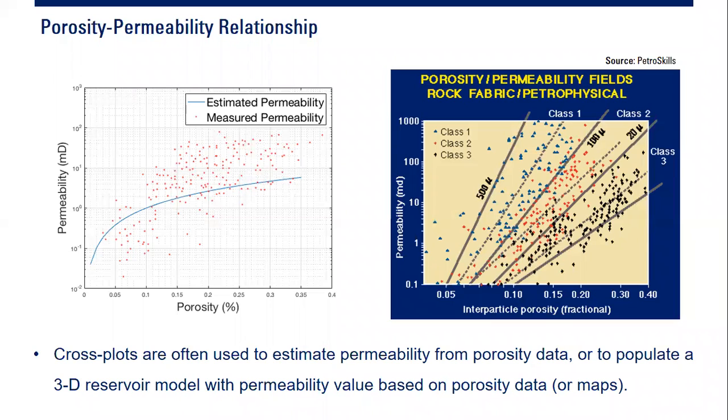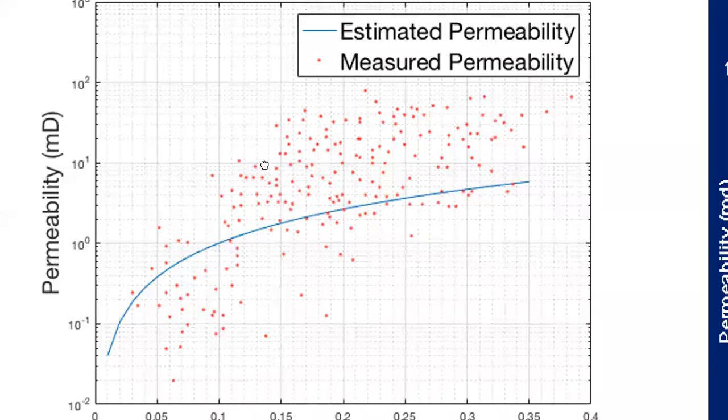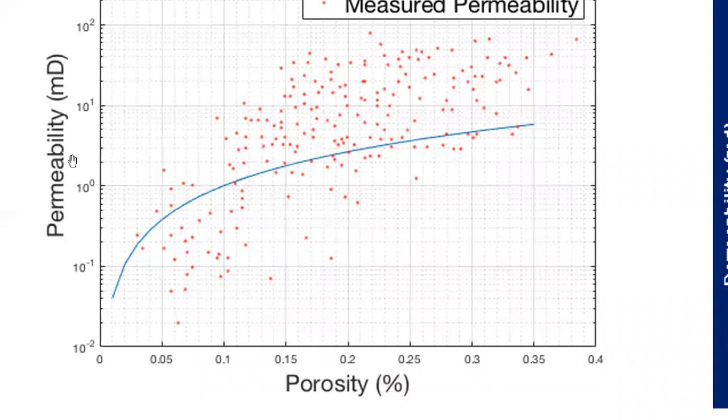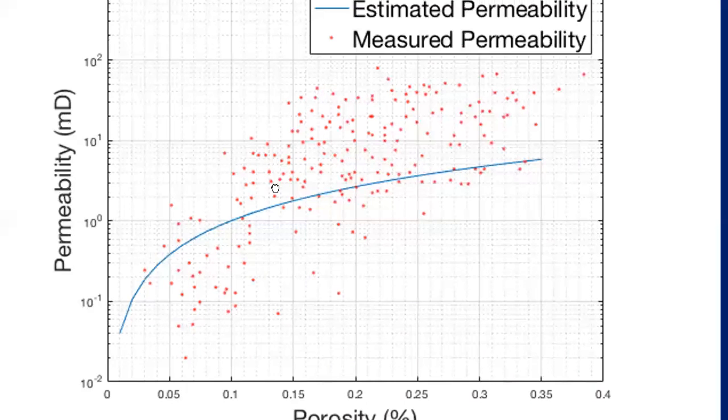And of course, there is a relationship between porosity and permeability. In real jobs, we usually create a correlation like this. We have porosity data and permeability data, and we make this plot of porosity and permeability.